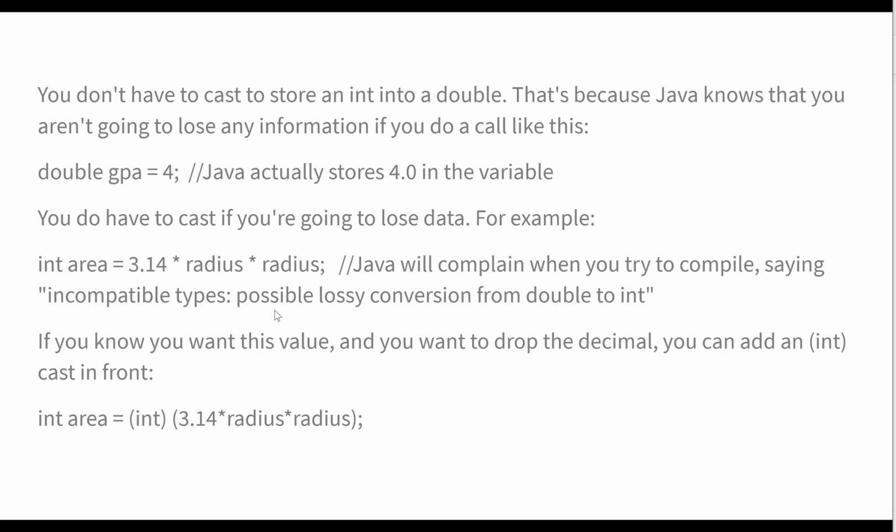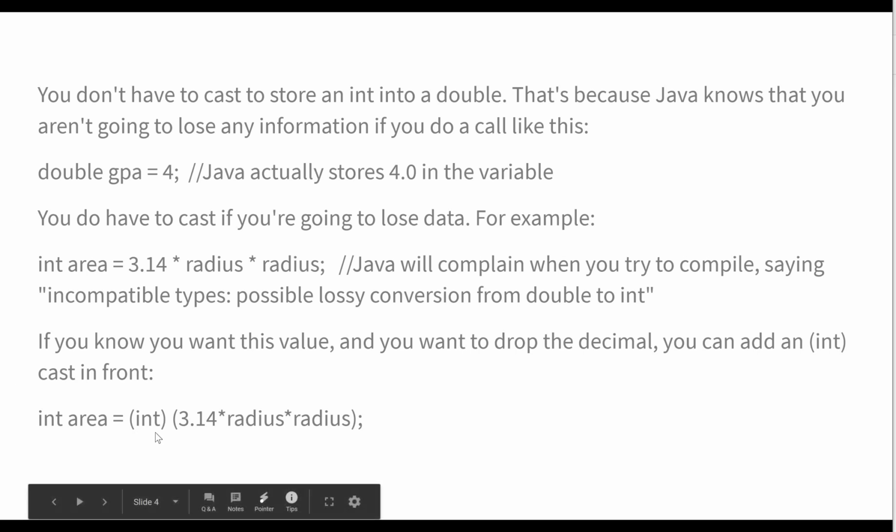So that's a fancy computer way of saying if you're trying to store a double calculation into an integer variable, you're going to lose data. That's what that lossy conversion is. And so if you know you want to do that, even though you're going to lose data, no problem. Just put a cast of an int in front. So this is the other cast, the int cast. We had the double cast on the previous page. We got the int cast here.